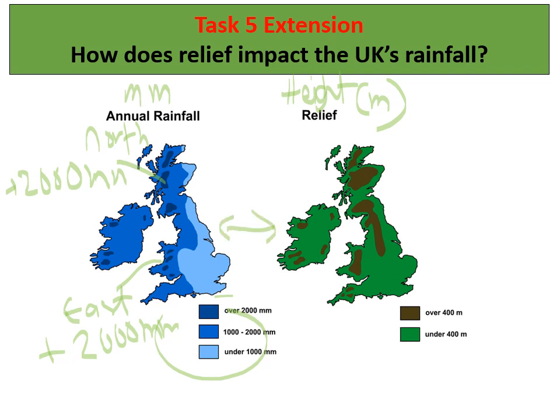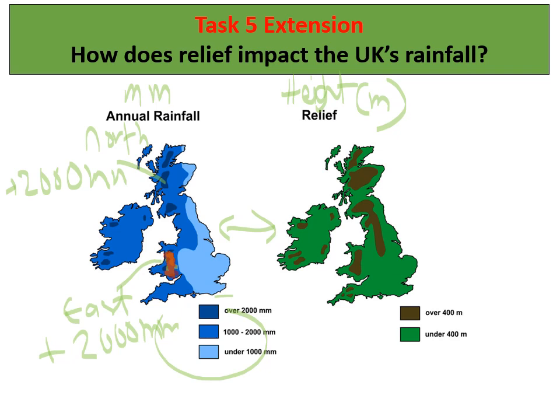So the third question says, what was the height of the land in the places where the rainfall was the highest? Now, if we look where the rainfall is the highest here, you will notice that that is where the land is over 400 metres. So if I'm just going to shade over where it's the darkest, you notice there.